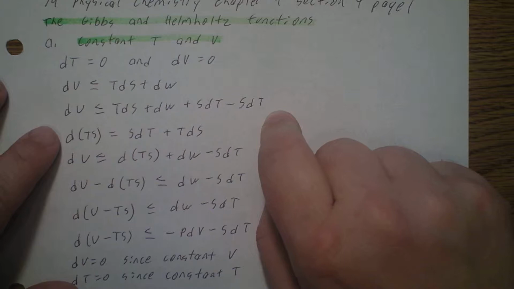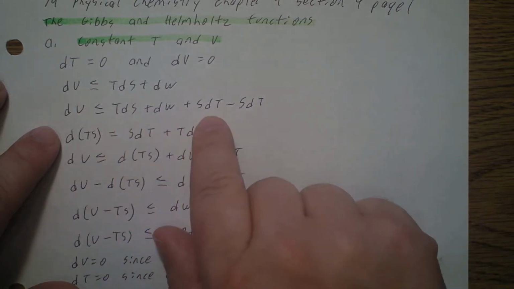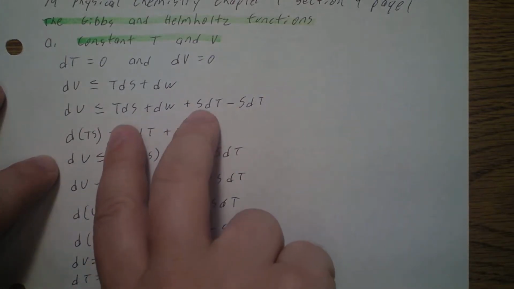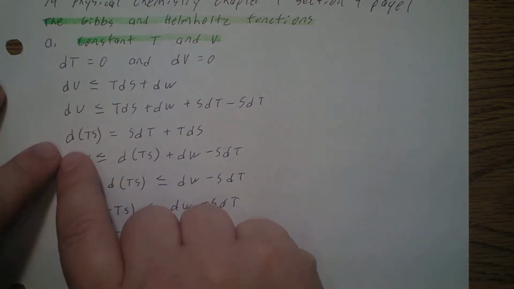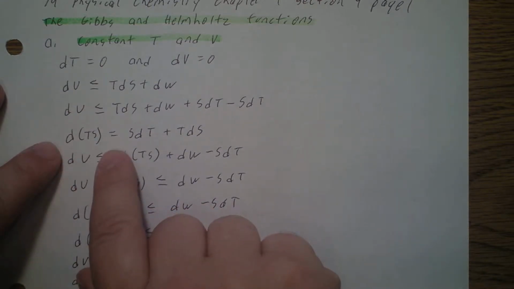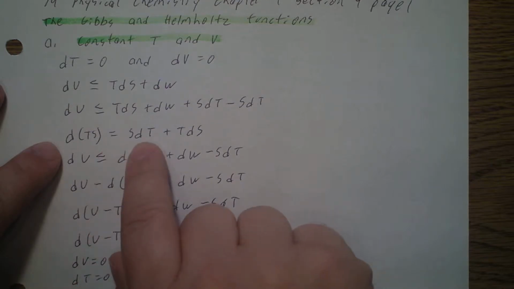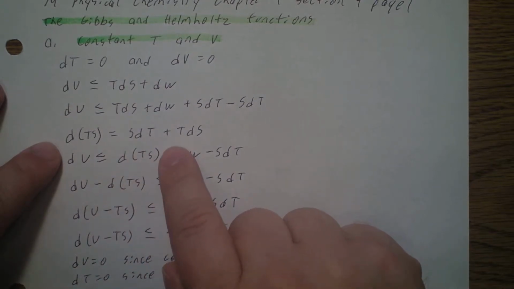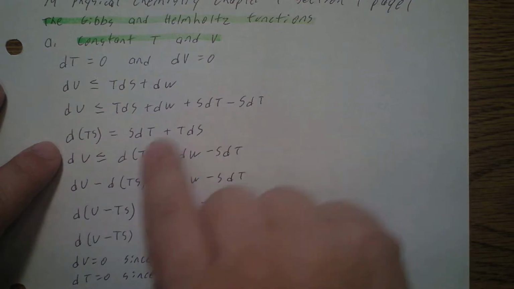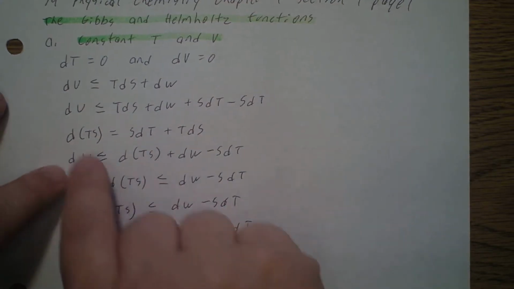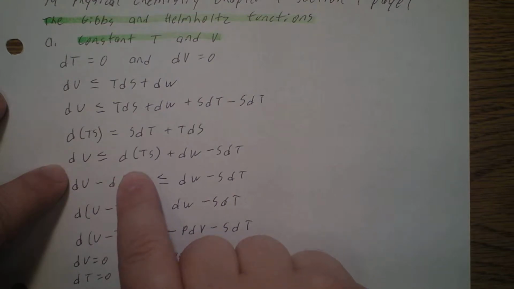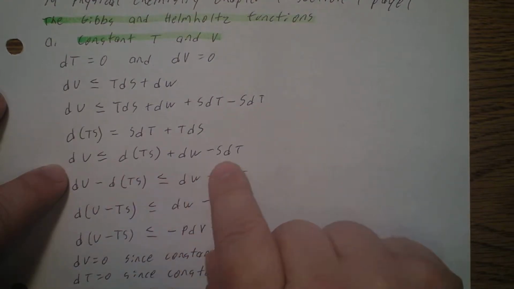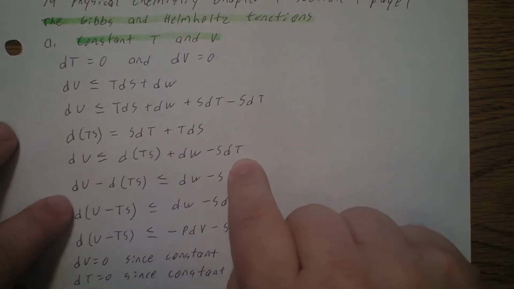Now we can combine this TdS plus S dT, that's the exact differential for d(TS). It's an exact differential. So that gives us the differential of internal energy is less than or equal to d(TS) plus dW minus S dT.